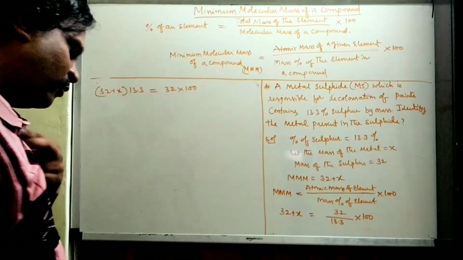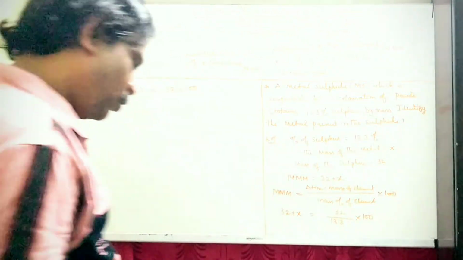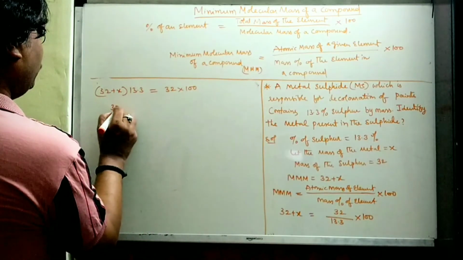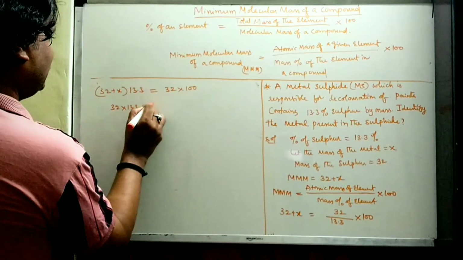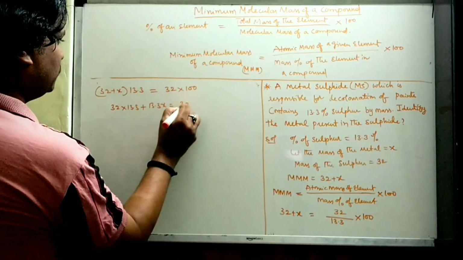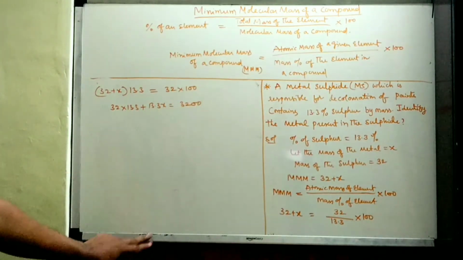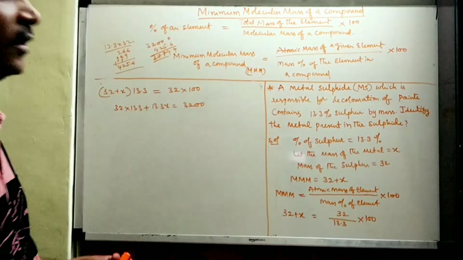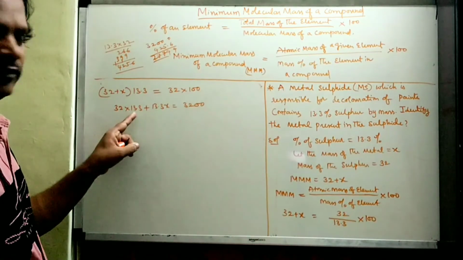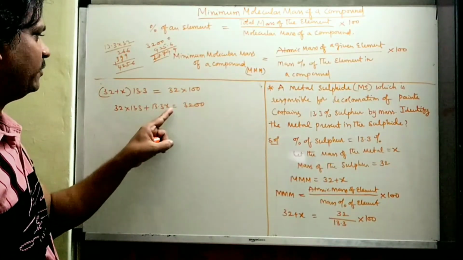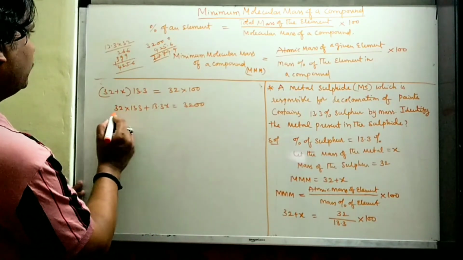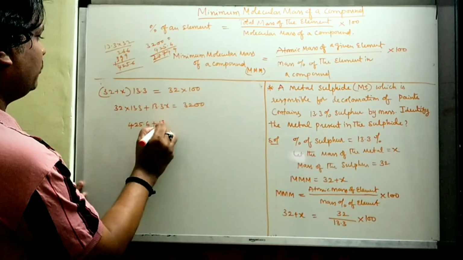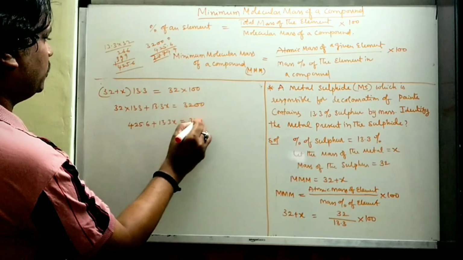So 32 into 13.3 plus 13.3x is equal to 3200. If you do this multiplication, you will get around 425.6 plus 13.3x is equal to 3200.